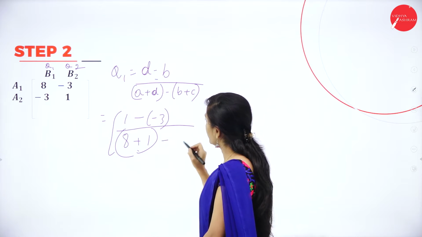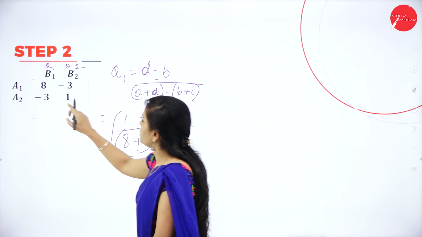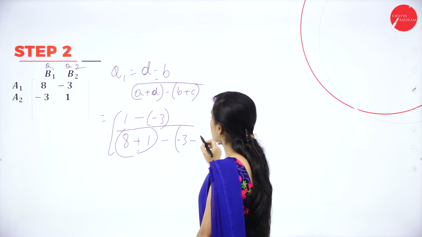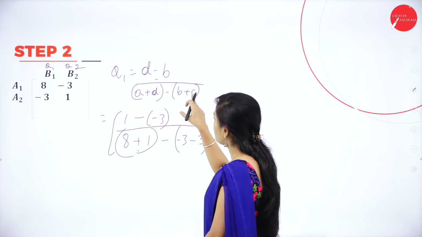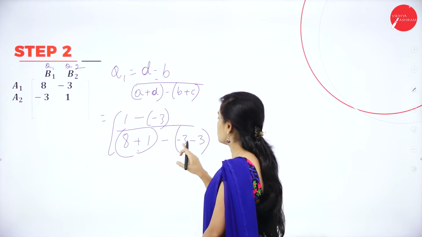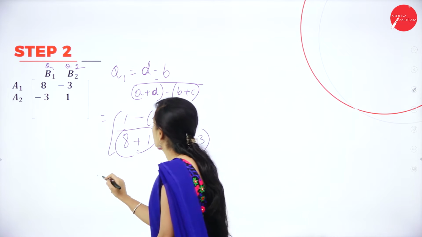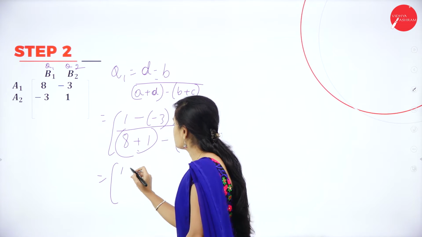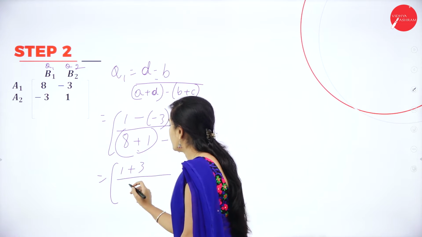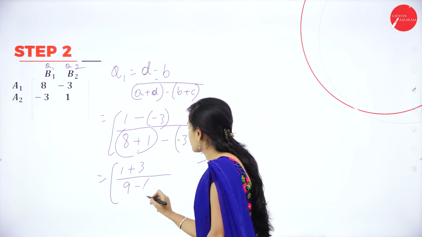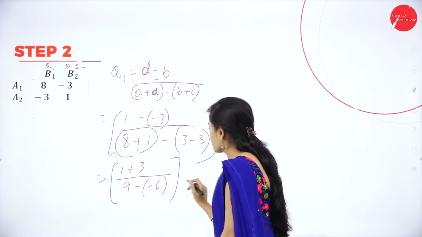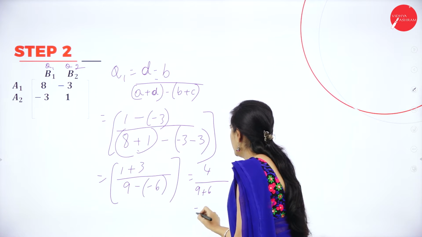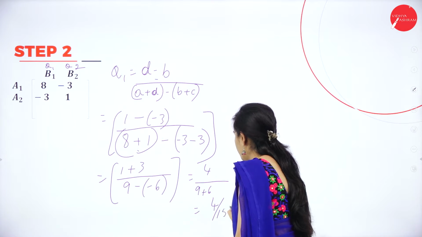Now minus of B plus C. B is -3 plus C is -3, which gives -6. Now find the value of Q1. Minus into minus is plus, so that is 1 plus 3 divided by 9 minus (-6). 4 divided by 9 plus 6, it is 4 by 15.